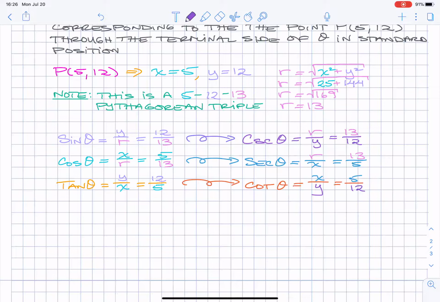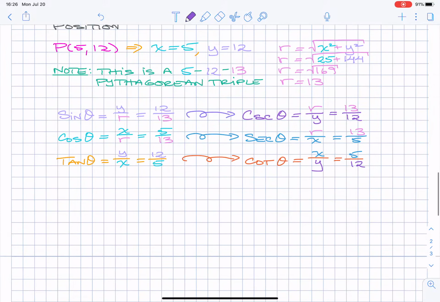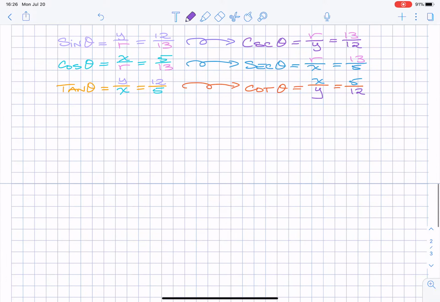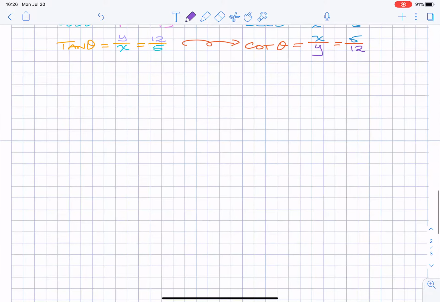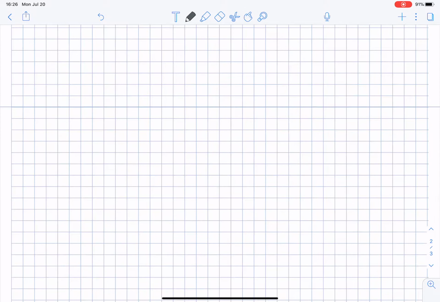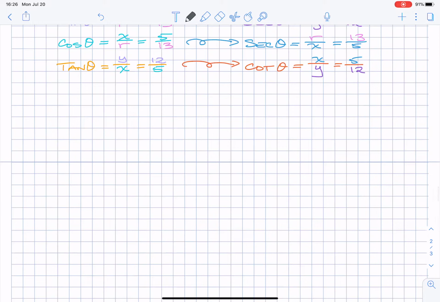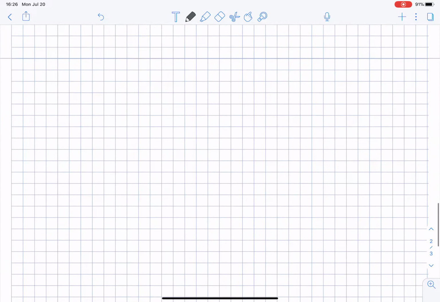Let's see. I don't know if I have enough space. Yeah, I don't have enough space to do another example on this page, so let's continue up. Hopefully everybody understands that. Should I do an example first?